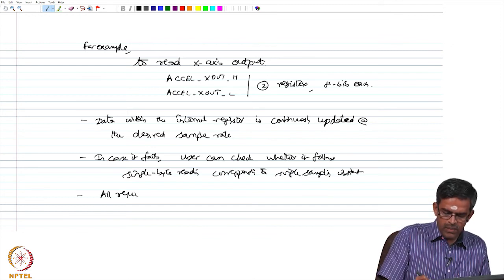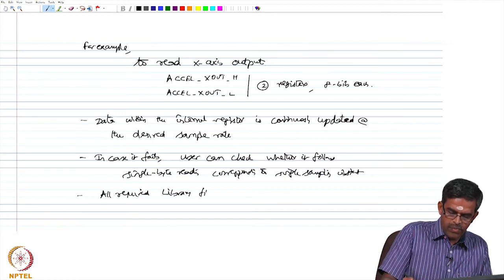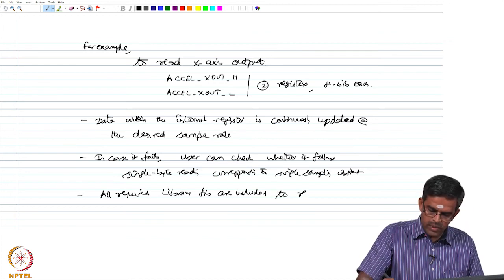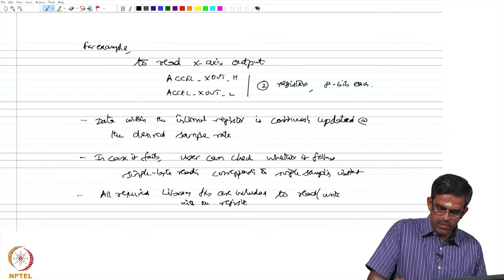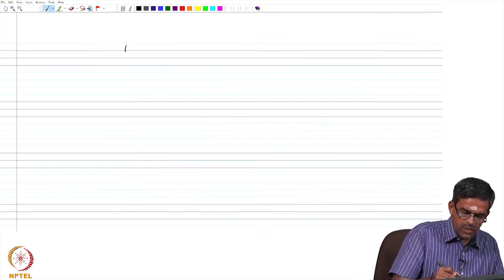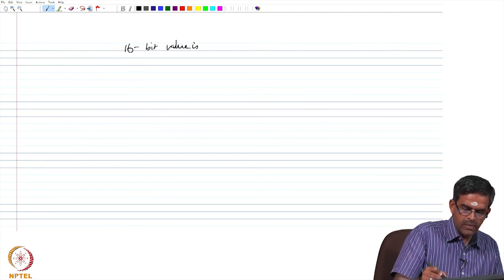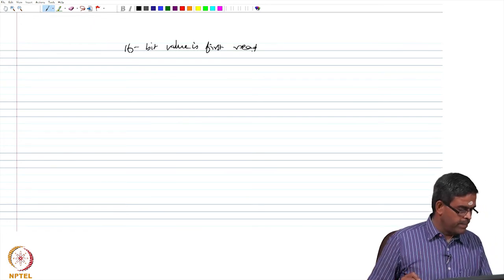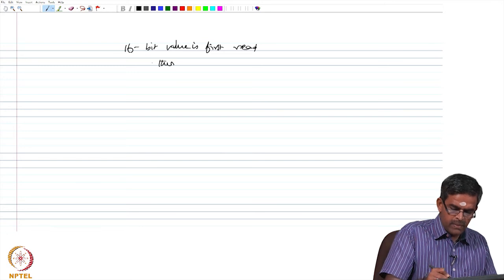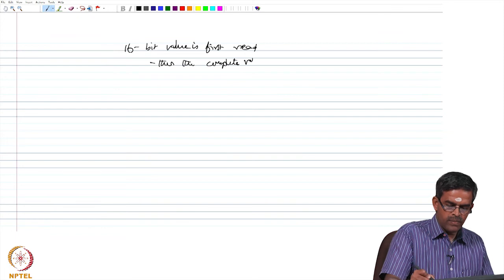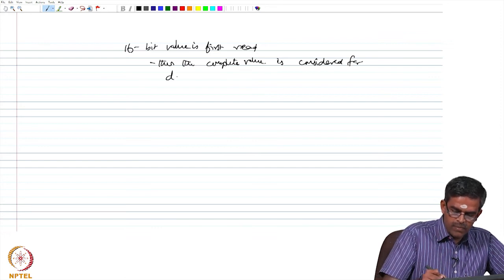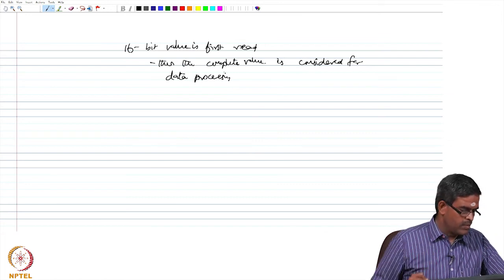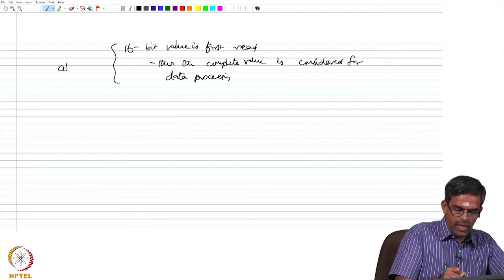All the required library files are included to read and write with the register values. 16-bit value is first read, that is the sequence of reading, and then the complete value is considered for data processing. This is being done for all axes.